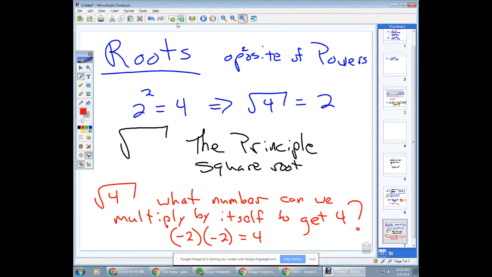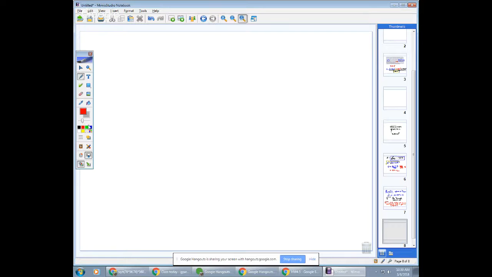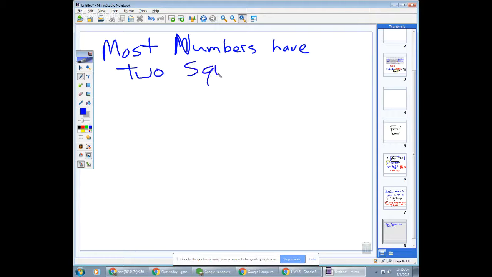Okay. So in general, numbers have 2 roots. So most numbers, oops, it's supposed to be an n, have 2 square roots. One of them is called the principal square root.